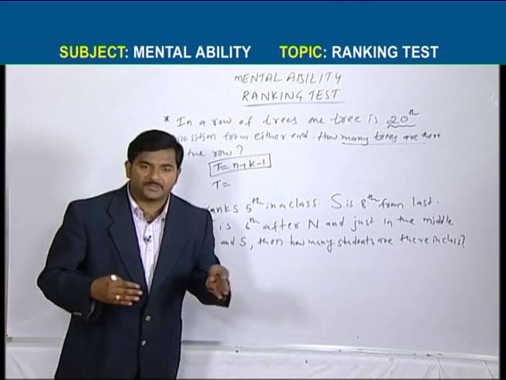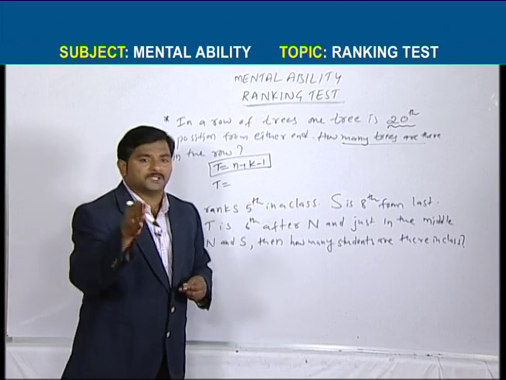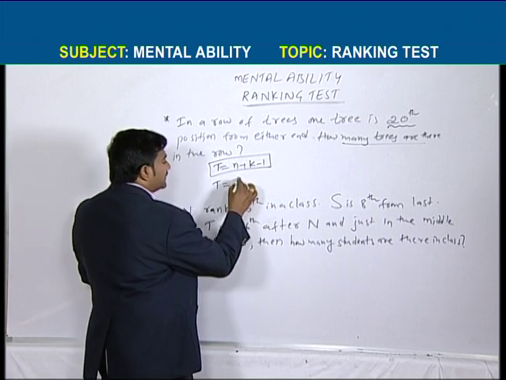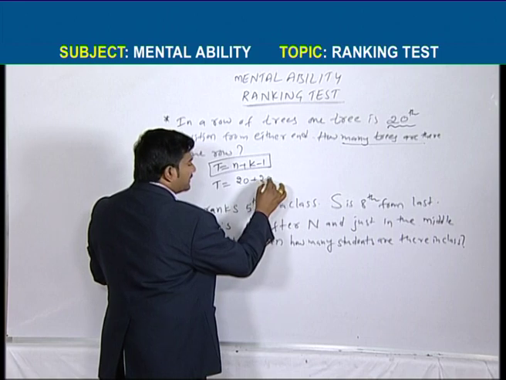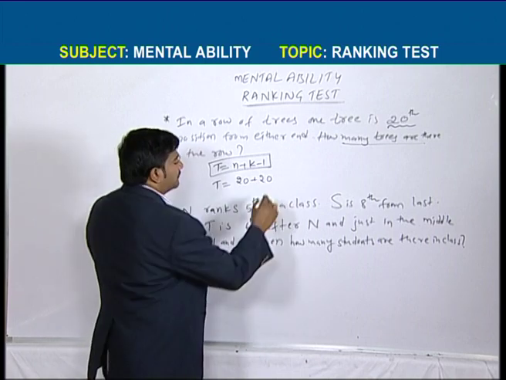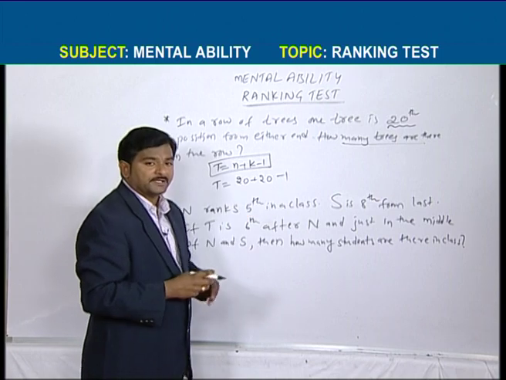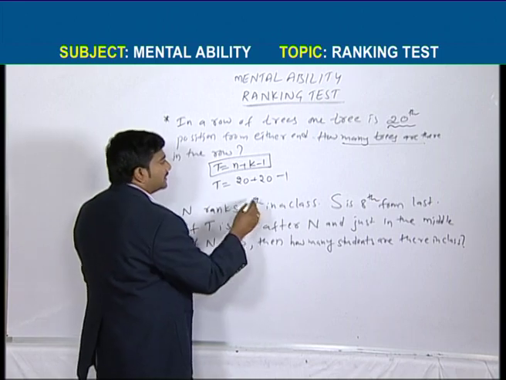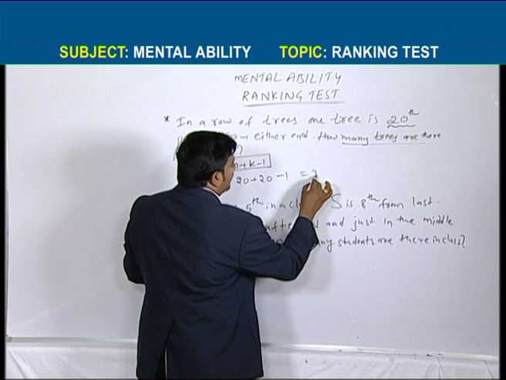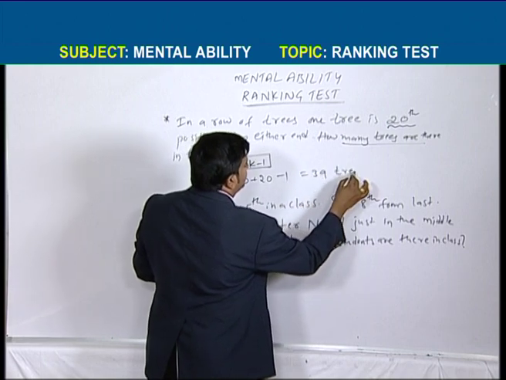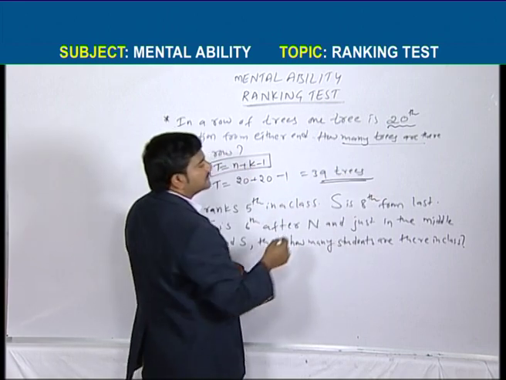So 20th position from the left, 20th position from the right. So here n value is 20 and k value is also 20. 20 plus 20, 40, 40 minus 1, how much am I getting? 39. Therefore, how many trees are there in that row? There are 39 trees in that row.